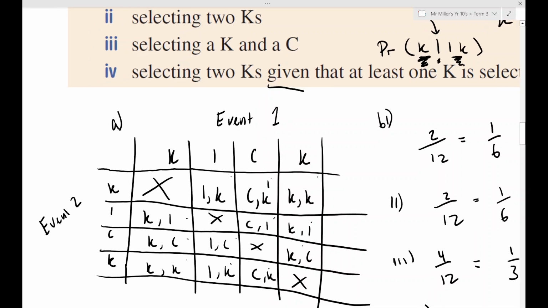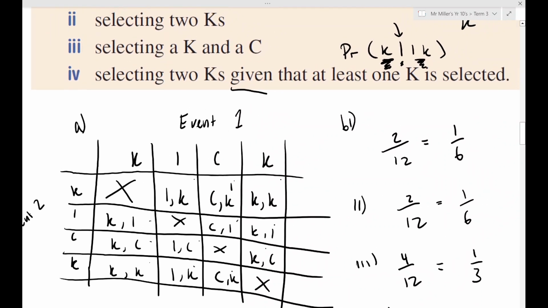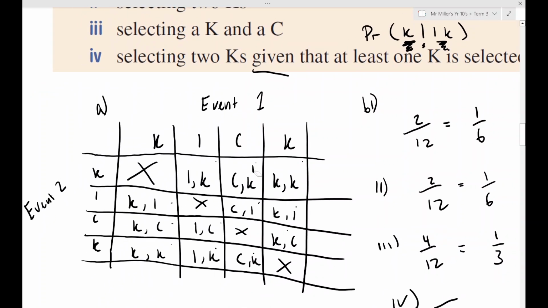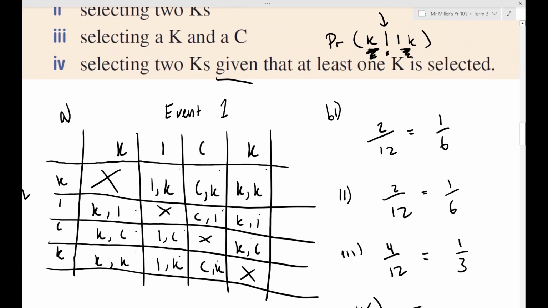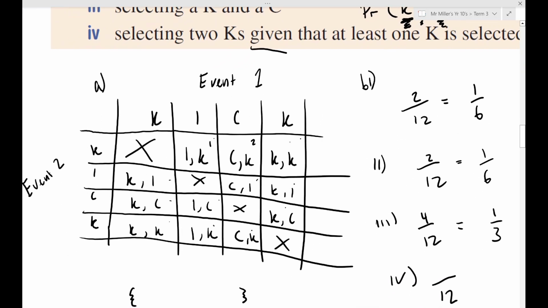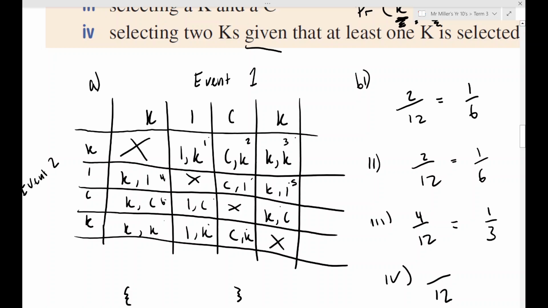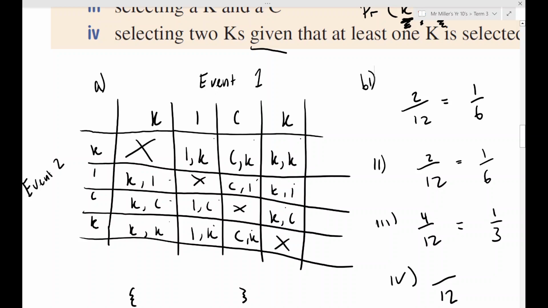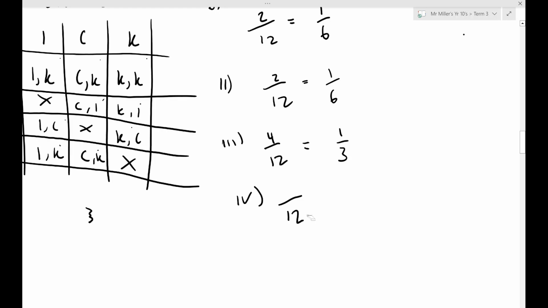So out of all the events where at least 1 K is selected, how many events do we have where 2 Ks are selected? Let's go through and count all the events with at least 1 K. There's 1, 2, 3, 4, 5, 6, 7, 8, 9, 10. So there's 10 events with at least 1 K. We're not looking out of the full sample space.